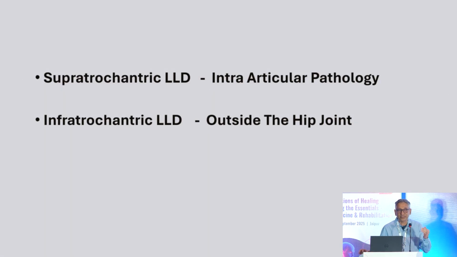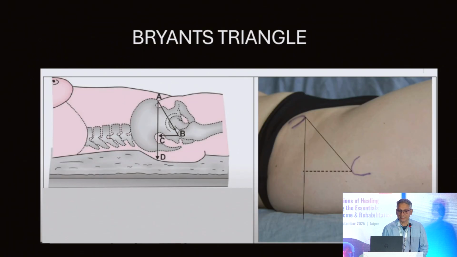Then the other method is to look at the trochanter, whether the shortening is supratrochanteric or infratrochanteric. For supratrochanteric shortening, you draw Bryant's triangle.